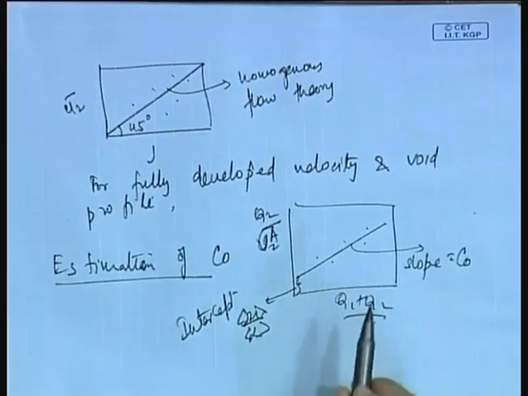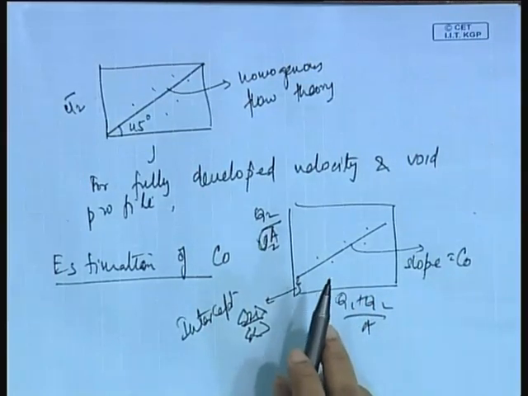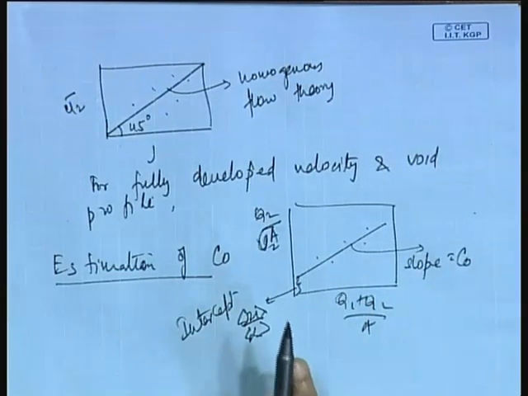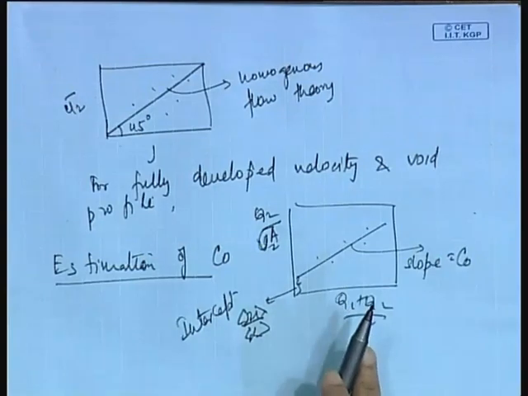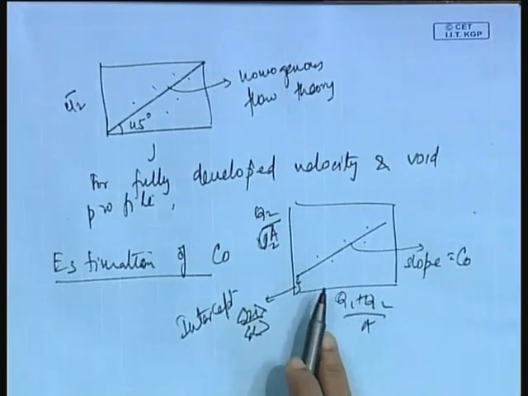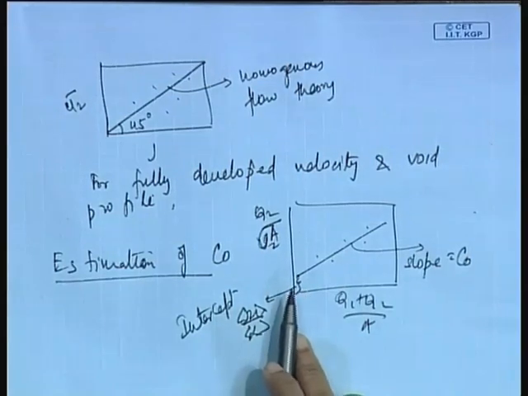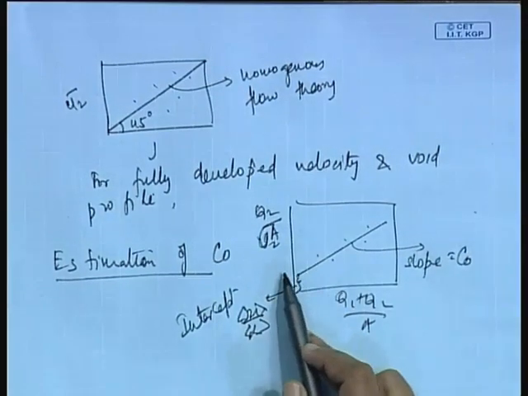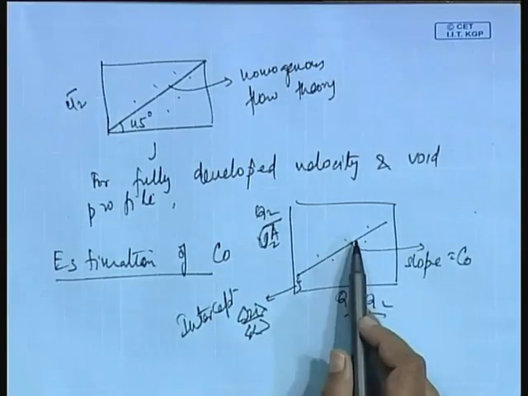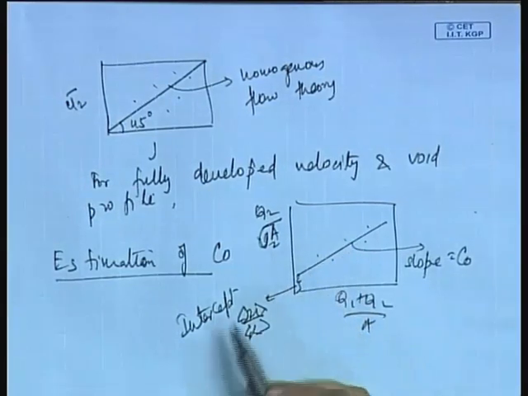So, very simply, for fully developed velocity and voidage profiles, please remember this, usually when we do such a plot, the best fit curve is a straight line, when the local drift velocity is constant or negligibly small.